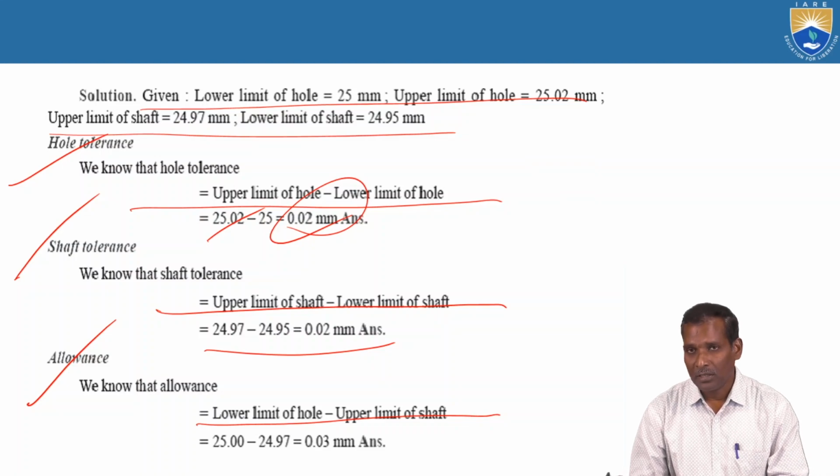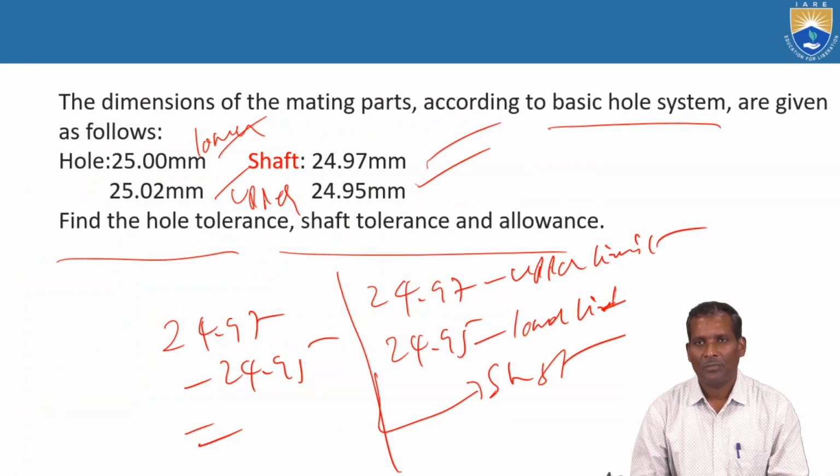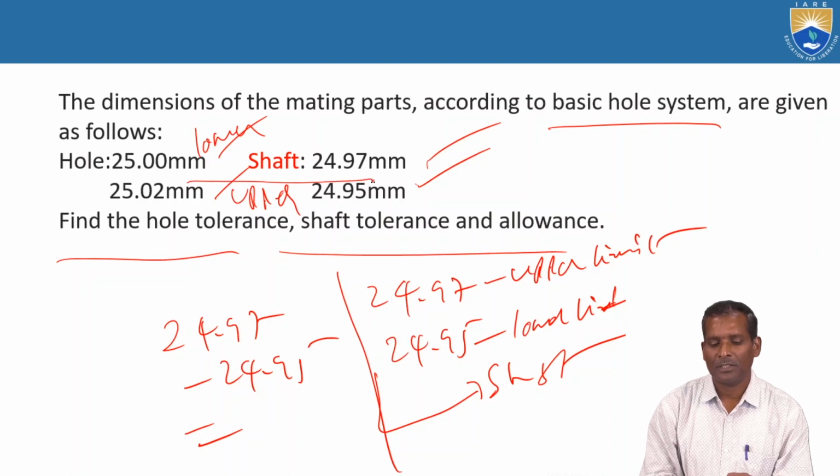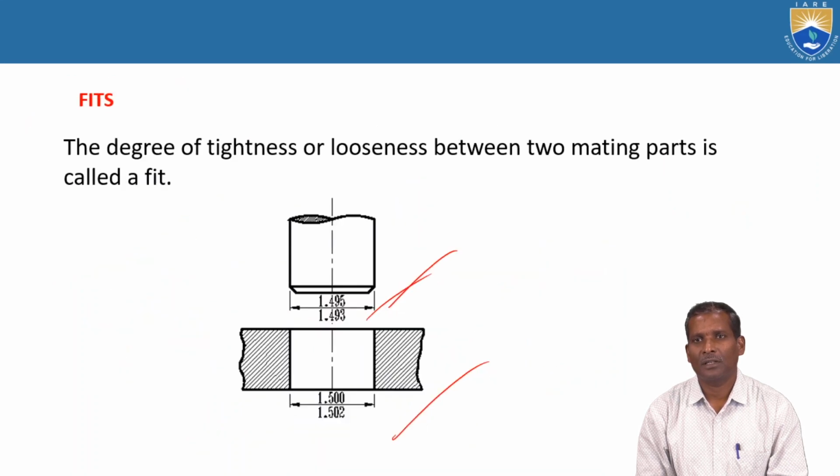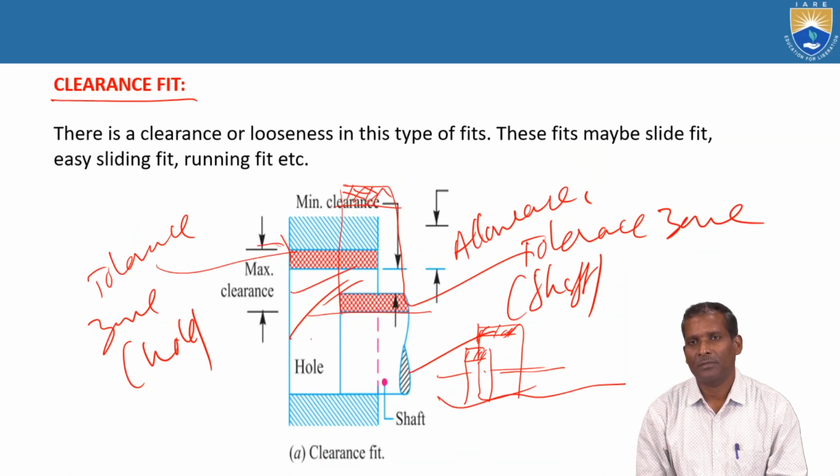The difference between these two, lower limit of the hole and upper limit of the shaft, is called allowance, already shown in this diagram.